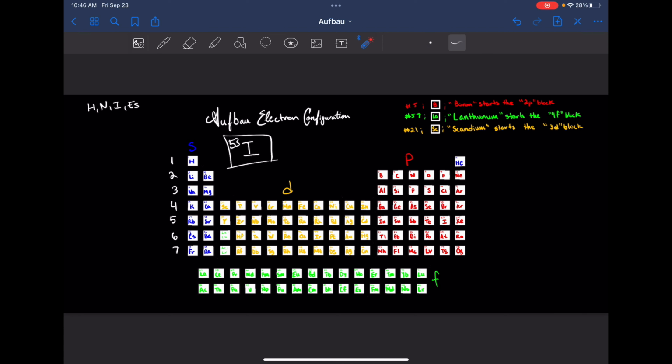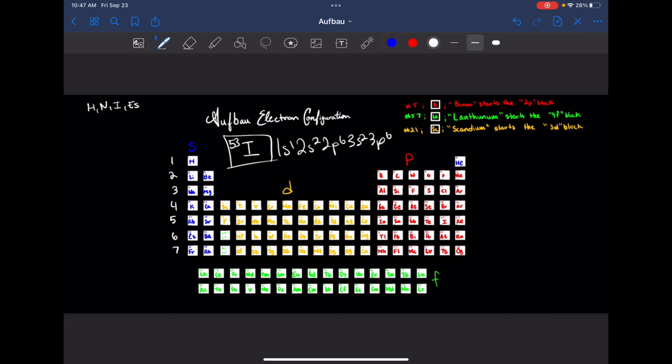Now, this electron configuration may end up being pretty long. 1s1, 2, 1s2, 2s1, 2, 2s2, 2p, 1, 2, 3, 4, 5, 6, 3s, 1, 2, 3s2, 3p, 1, 2, 3, 4, 5, 6, 3p6.